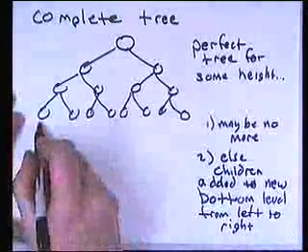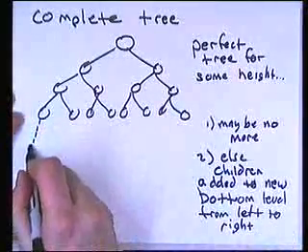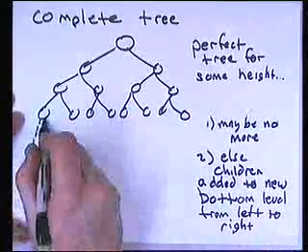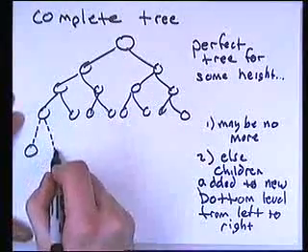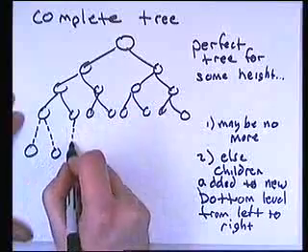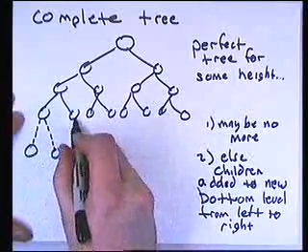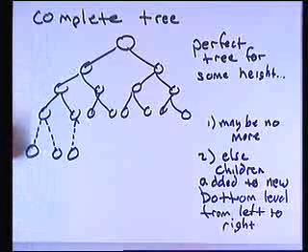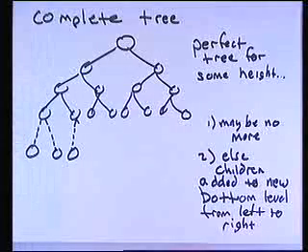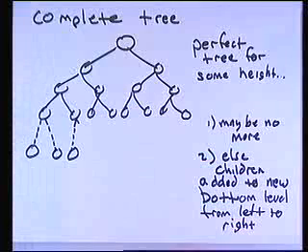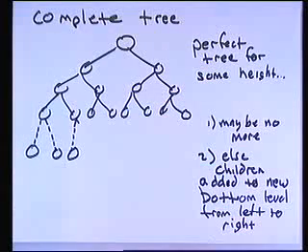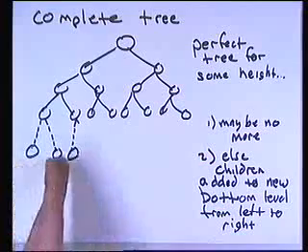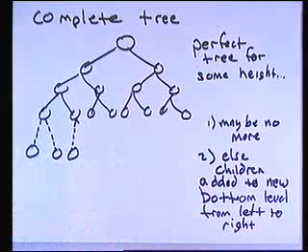So in other words, I would add this child first, and this one, and then this one. I'm only drawing dotted lines so that it's clear, the separation between the perfect and the complete tree. But if we don't have a perfect tree, when it comes time to add more children, we have to add them from left to right across the bottom level.